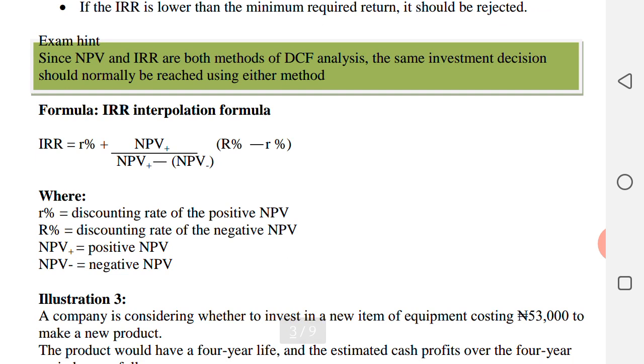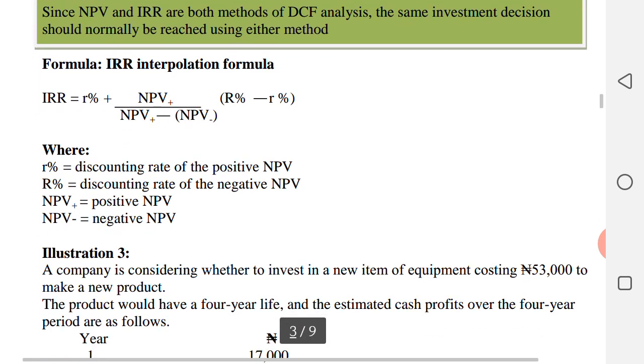Since NPV and IRR are both methods of discounted DCF analysis, the same investment decisions should normally be reached using either method. Now, what is the formula for the IRR?